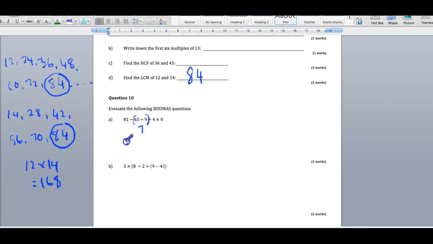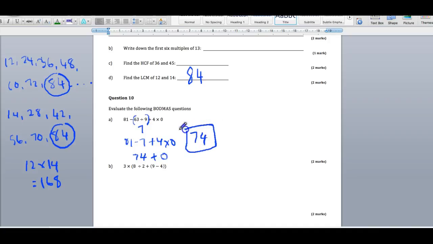So we have 81 minus 7 plus 4 times 0. 81 minus 7 is 76. No, sorry, 74. I knew that was wrong as soon as I wrote it. 74. And then 4 times 0 is 0, so your final answer is 74.